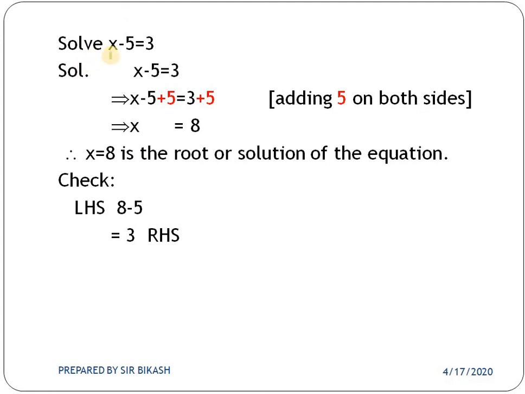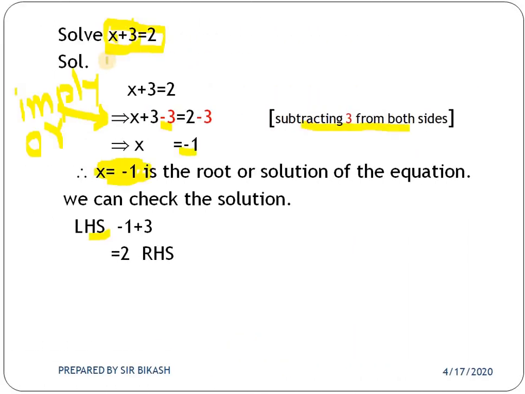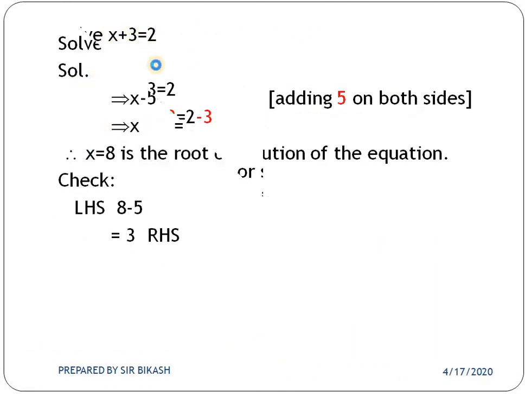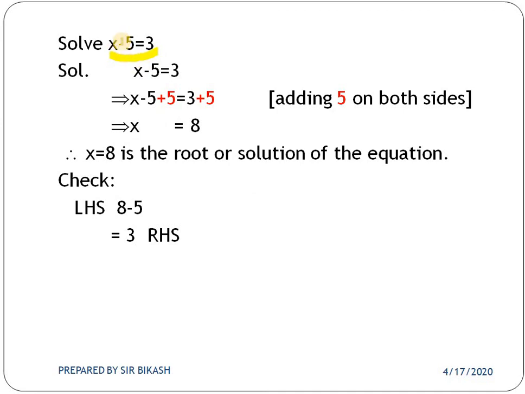Next, x minus 5 equals 3. This time it is minus 5, whereas earlier we got plus, x plus 3. Here we are getting x minus 5. So if we add 5 on both sides, plus 5 here and plus 5 here, minus 5 and plus 5 will get eliminated. So x is remaining here, and 3 plus 5 is 8.